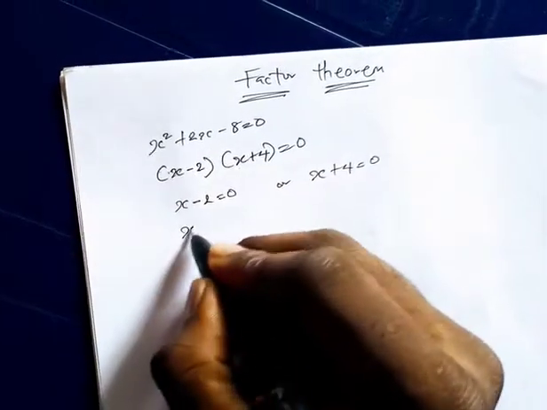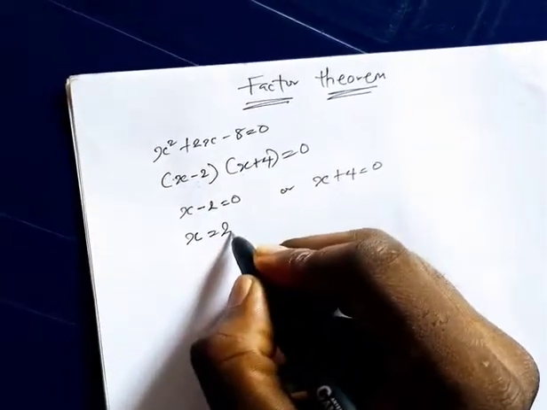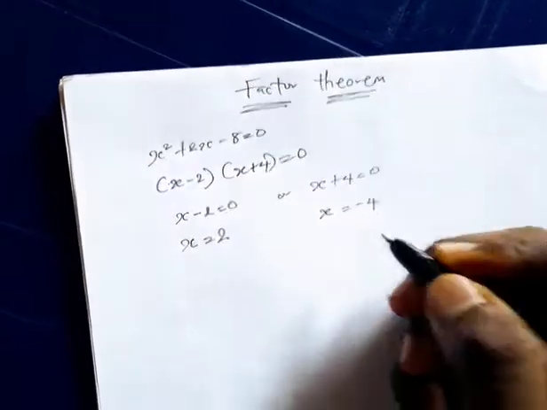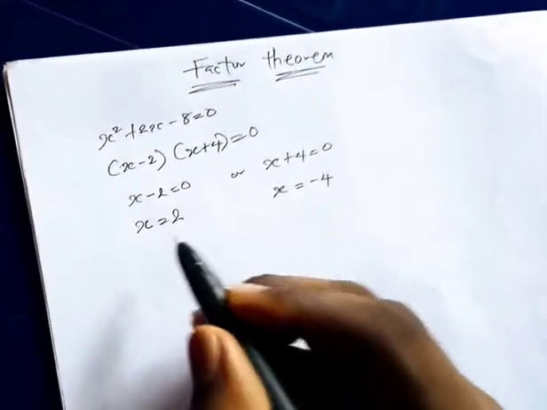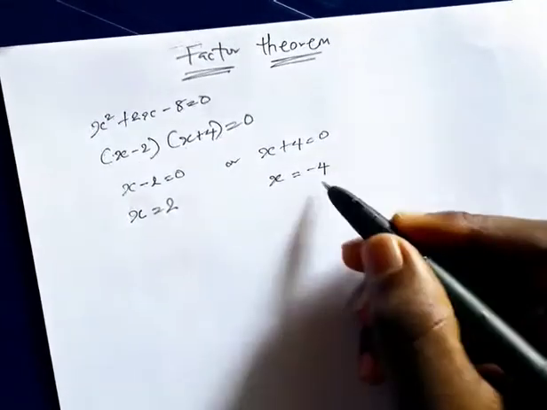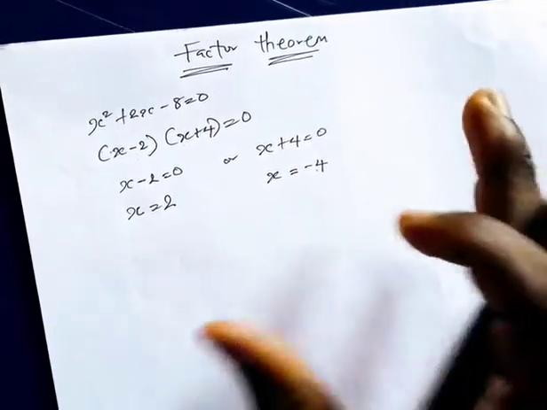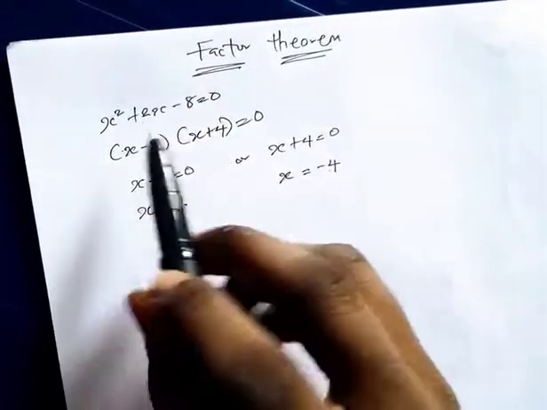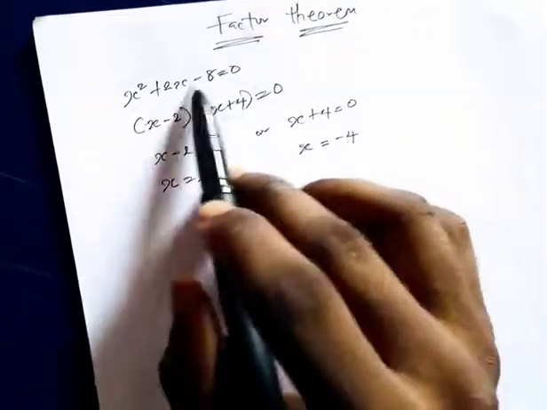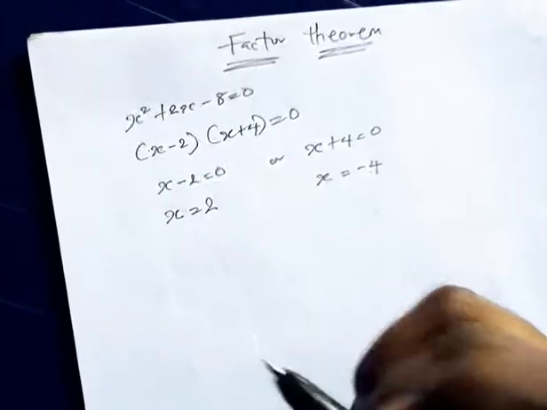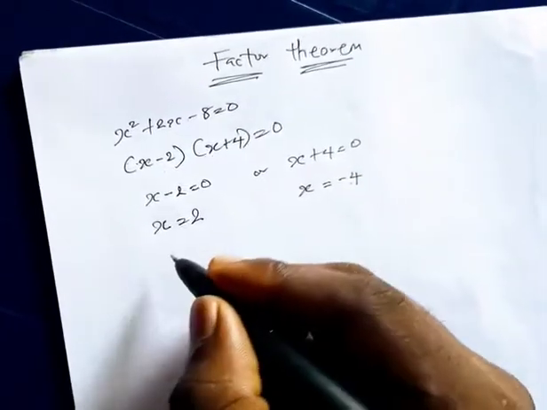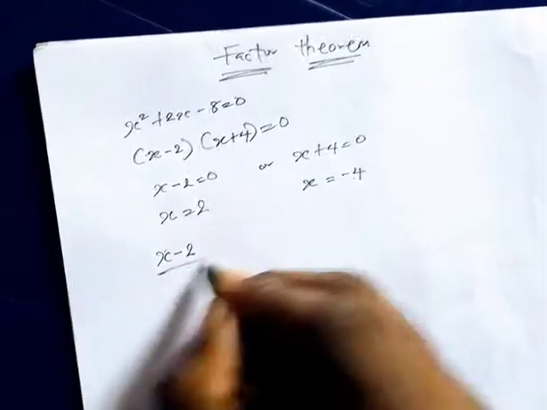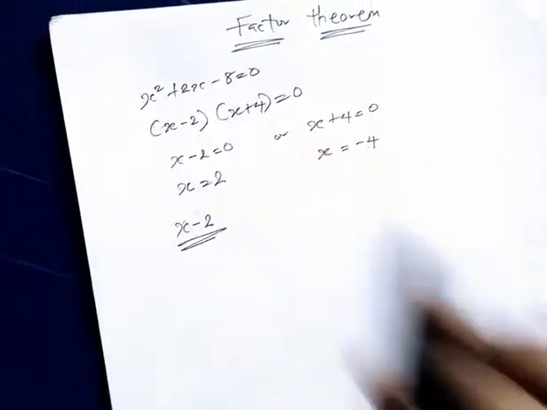From here we can deduce that x is equal to 2 and x is equal to negative 4. Now we can see that both 2 and negative 4 are called the roots of this equation, and from this we can say that x minus 2 is a factor of this equation.